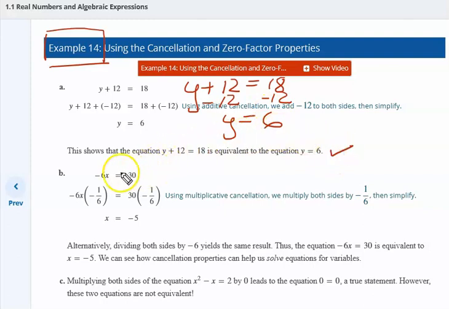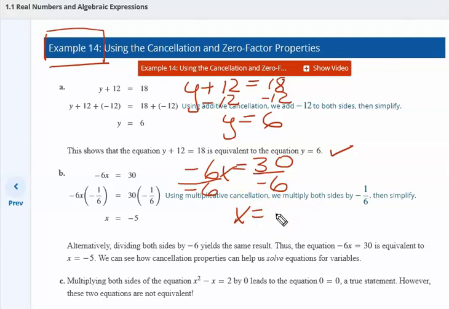Now here, when we see a negative 6x equals 30, we can think of solving this in two ways. We could use the reciprocal to get a 1 here, which is what they're doing, or you can just divide by a negative 6. So here x equals a negative 5.